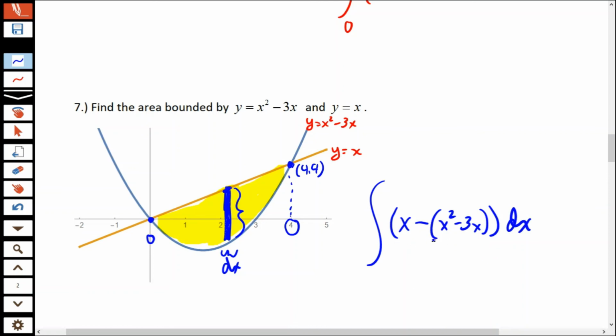Multiply by dx, that gives me the area of the representative rectangle, and then we want to add and accumulate all of the rectangles going from 0 to 4. That's my integral. Integrate it, and you will get 32/3.